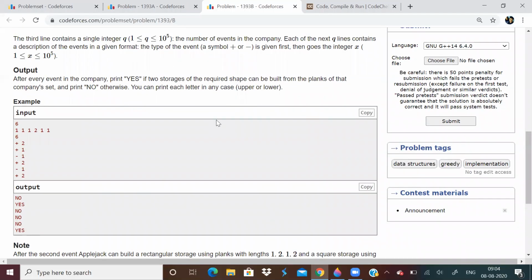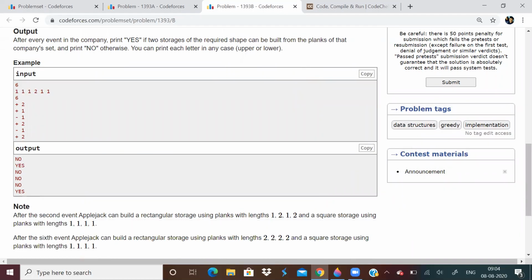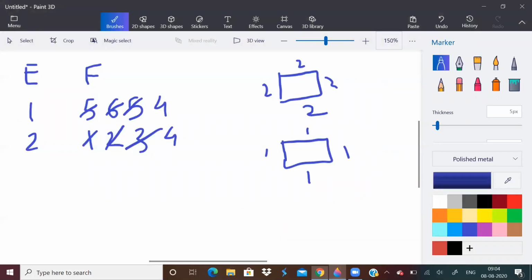So how to approach this problem? Basically, we realized that when the frequency of an element became 6, we needed just another element with frequency 2.